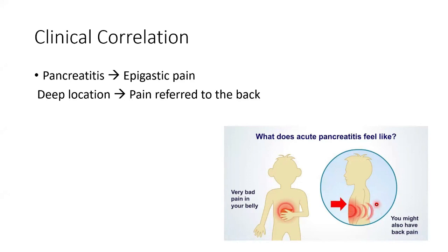So these kind of patients are usually bending forward. They are holding their epigastric region and bending forward, because by bending forward, the pain caused by the pancreas pressing on the spinal area is relieved.